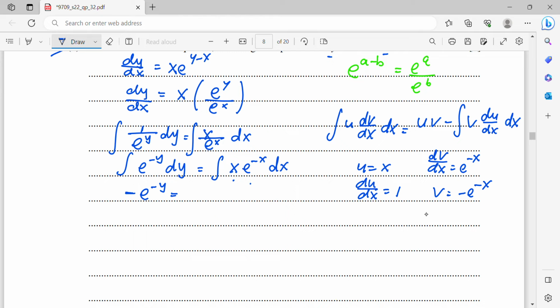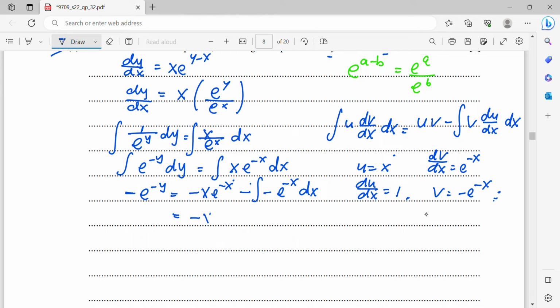So I will get x times the v, that is negative x e^(-x), that is my uv, minus the integral of v du/dx. When you multiply by 1, you are getting back the v, which is the integral of negative e^(-x) dx. Now I have to integrate the last term.